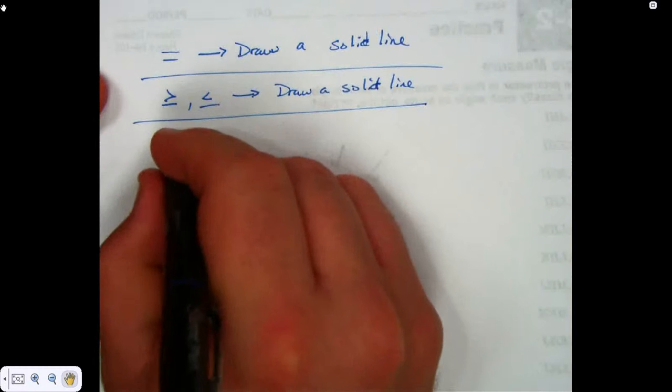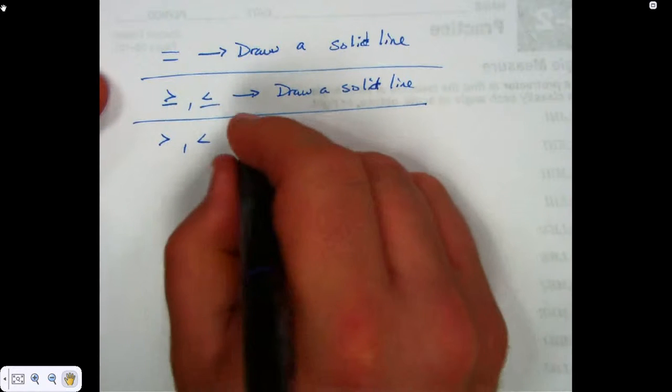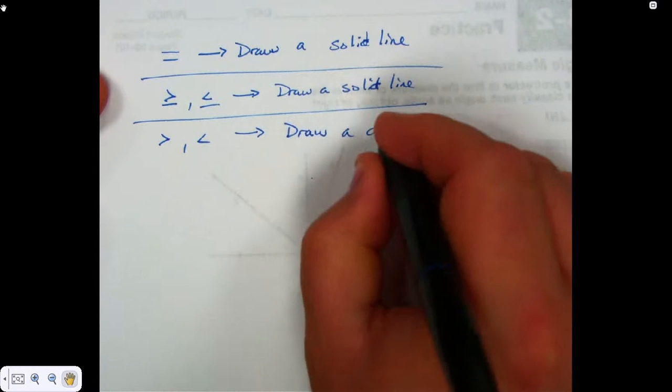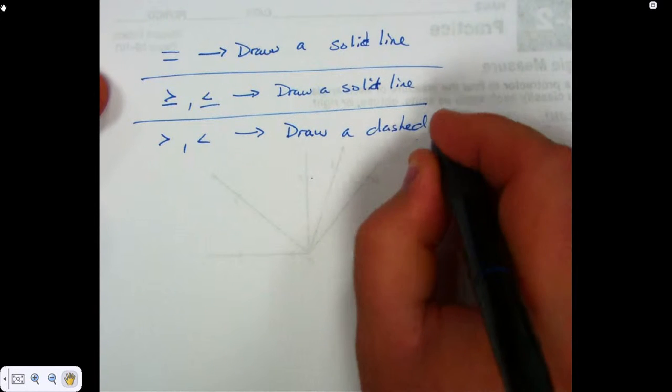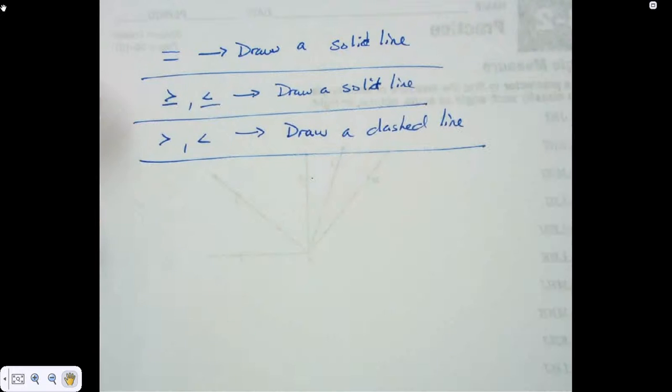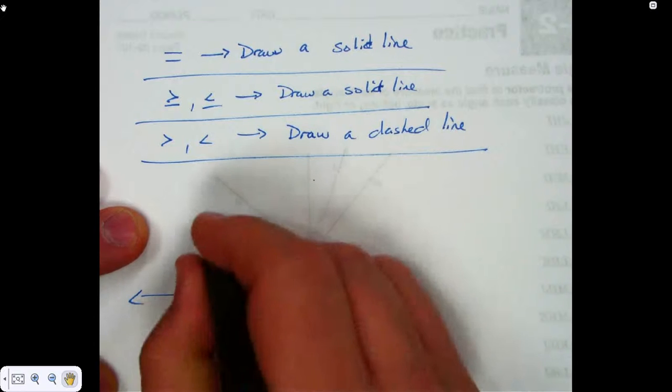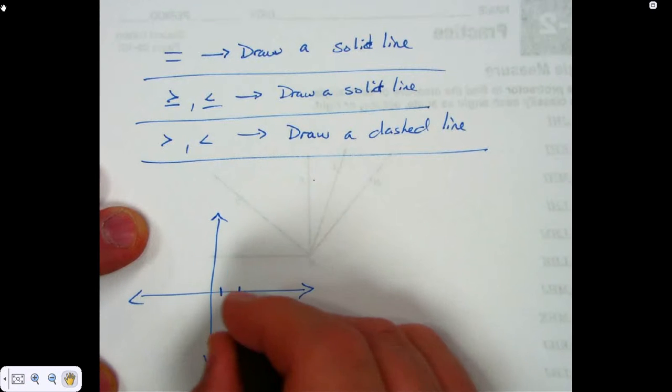However, greater than or less than, you draw a dashed or dotted line. Okay? Draw yourself another XY coordinate plane.